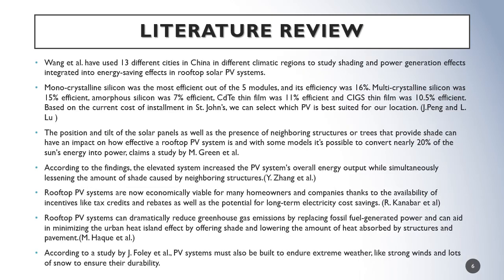Wang have used 13 different cities in China in different climatic regions to study shading and power generation effects integrated into energy saving effects in rooftop solar PV systems. According to the findings, the elevated system increased the PV system's overall energy output while simultaneously lessening the amount of shade caused by neighboring structure. It was stated by Weizeng.